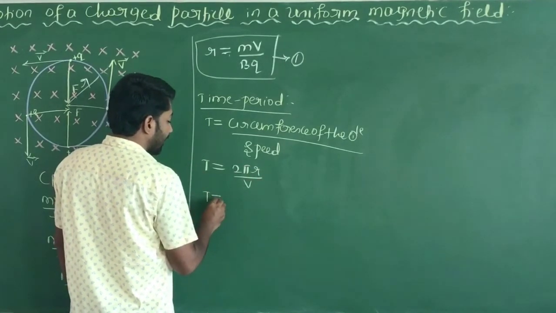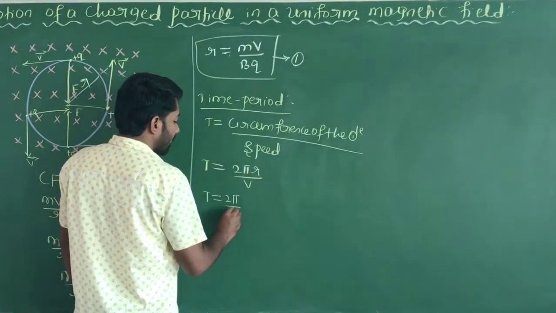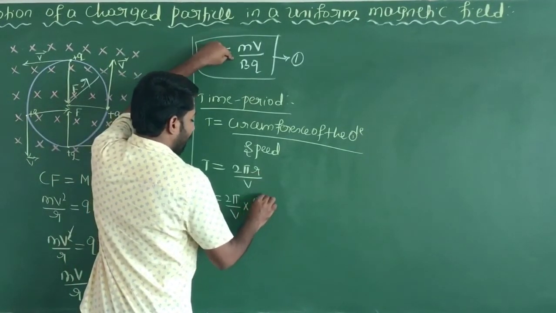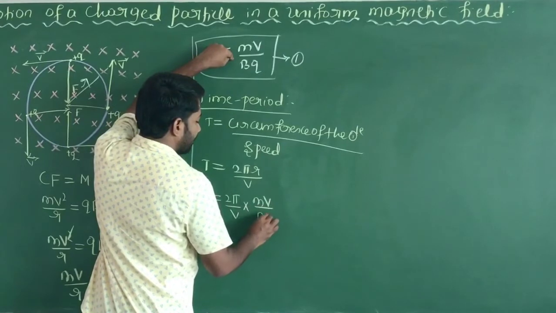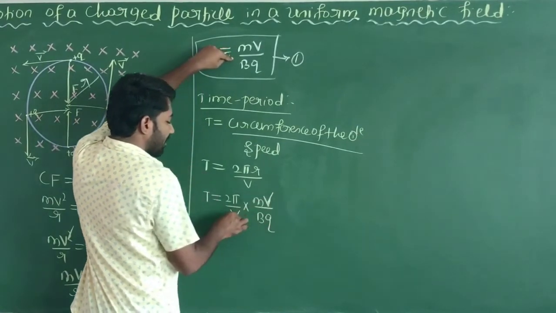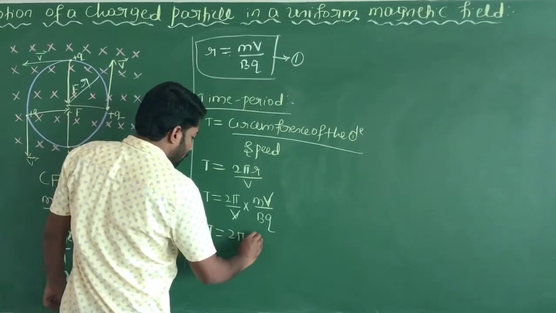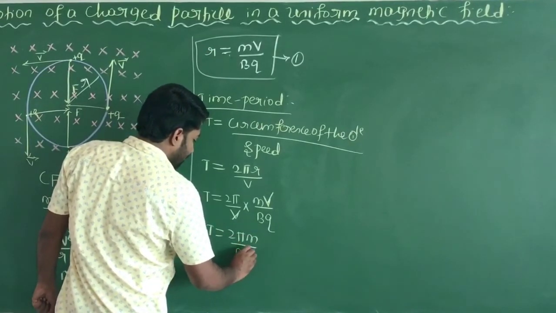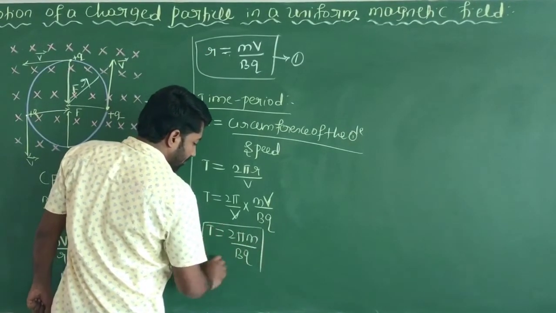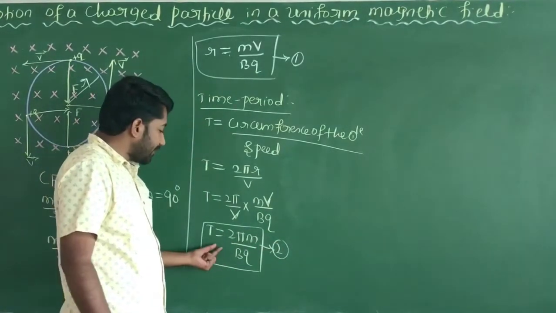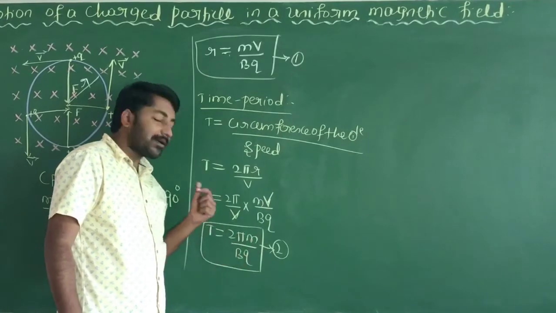Then T is equal to 2 pi divided by v into r, where r is the radius. R is equal to mv divided by bq. The v and v get cancelled. The time period T is equal to 2 pi m divided by bq. This is equation number 2.